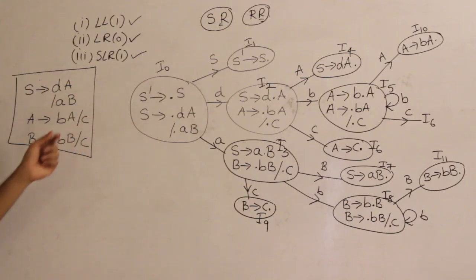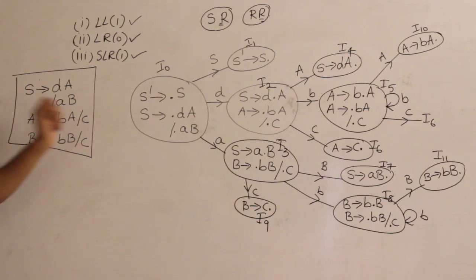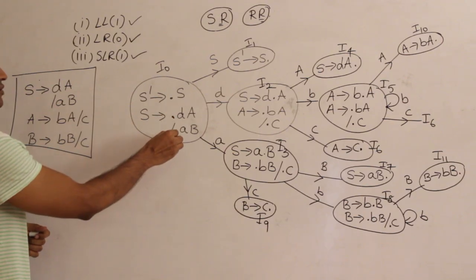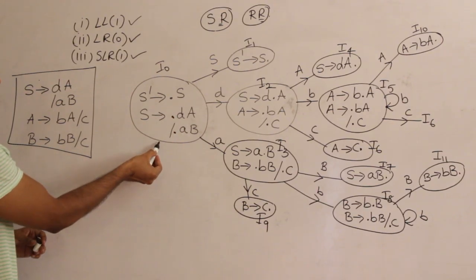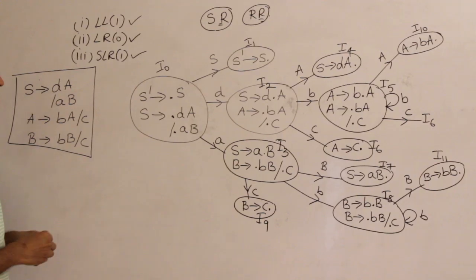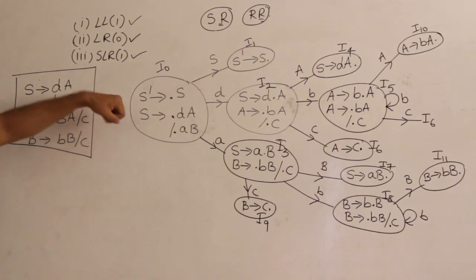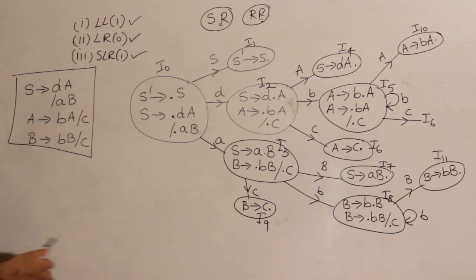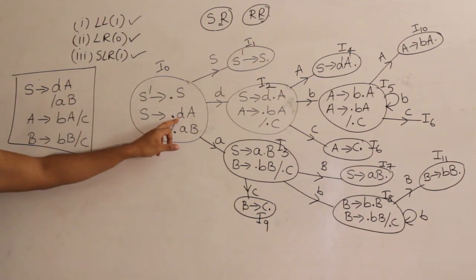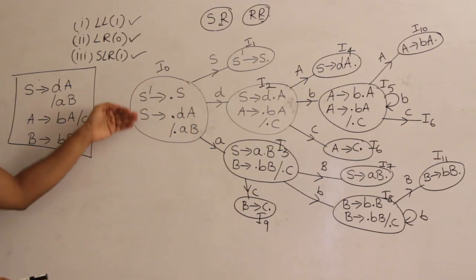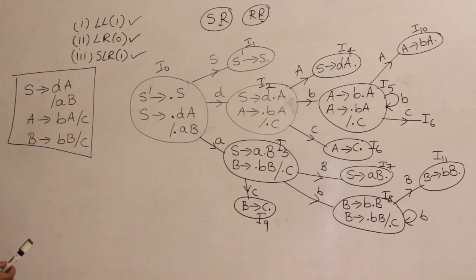I didn't get the A and B productions, because there is no dot at the beginning of A. Many people write all the productions here and then try to expand them. That is wrong. You have to check whether it is needed to add the A production and B production. They are needed only when you get them in the closure.